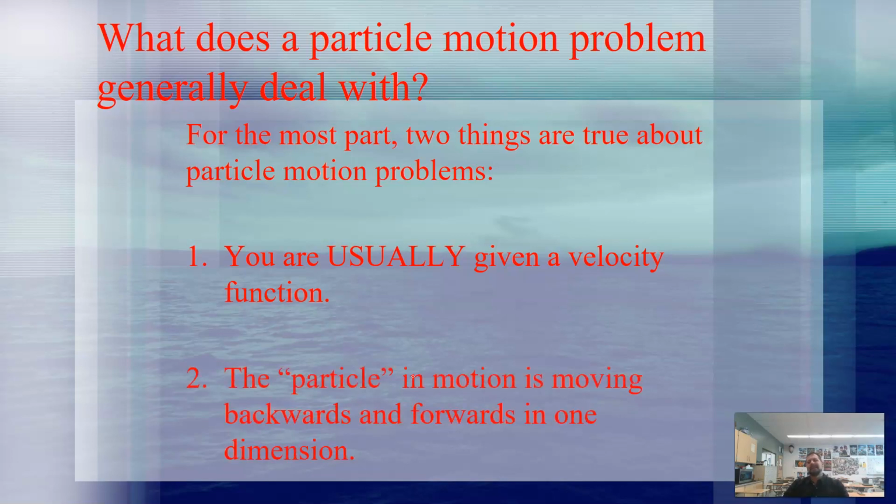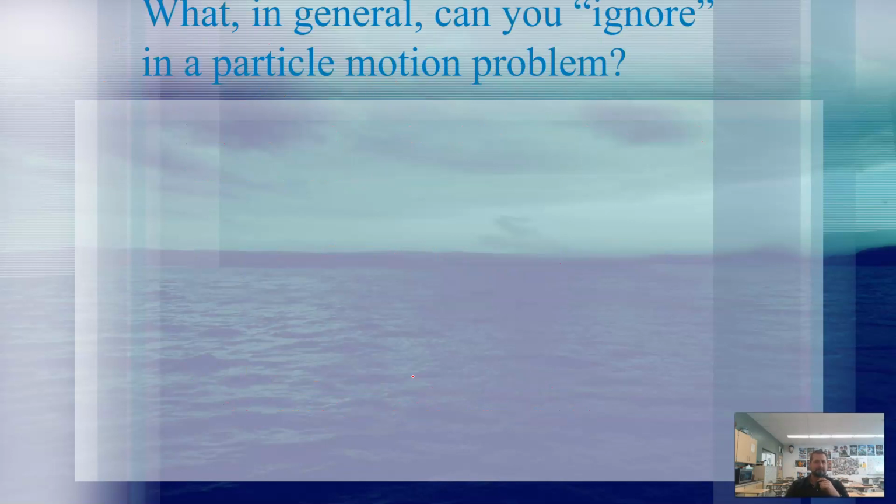The second thing that is true is the particle that you're talking about is moving backwards and forwards in one dimension. So it's either moving left and right, or it's moving up and down, or it can be moving forwards and backwards. But it's always in one dimension, usually to the right or up or forward is considered to be a positive direction, and the other ones are considered to be a negative direction.